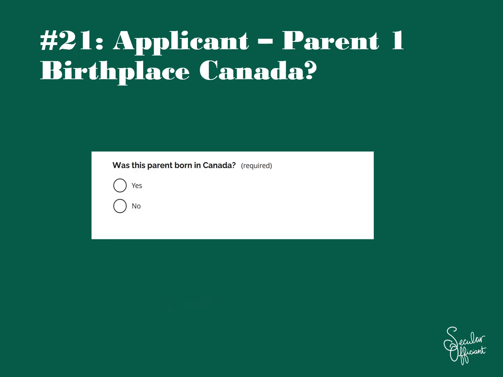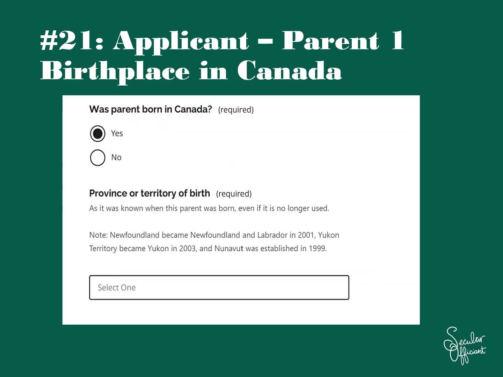Step 21 is indicating if your first parent was born in Canada. Select yes or no. If you select yes, the application will ask you to select a province or territory in Canada.